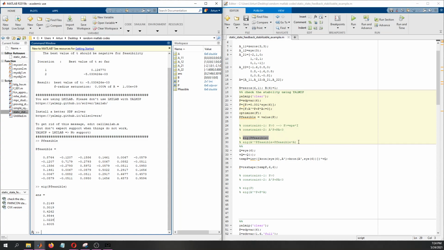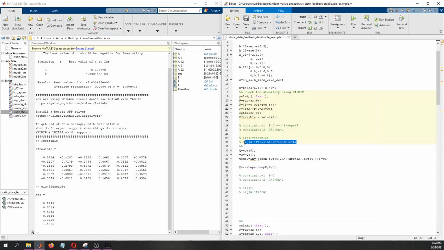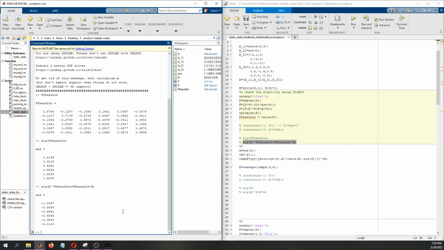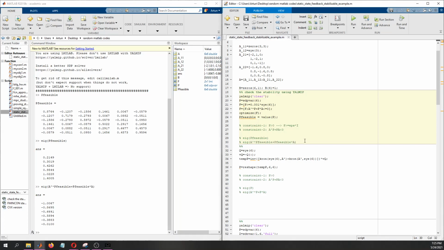Okay, let's check another constraint, which is this: A transpose P plus PA being negative definite. Let's just check the eigenvalues to see if they are negative. Okay, they are negative definite. This implies A is Hurwitz and the given dynamical system is globally asymptotically stable, because it's LTI.